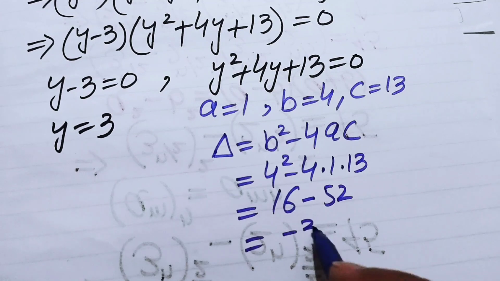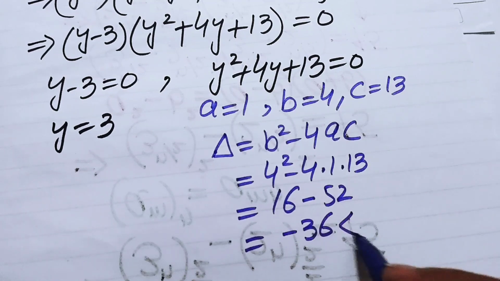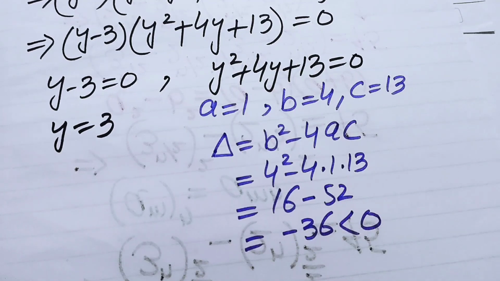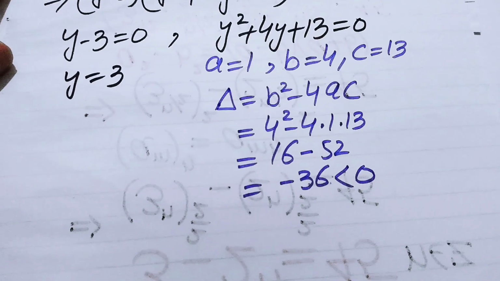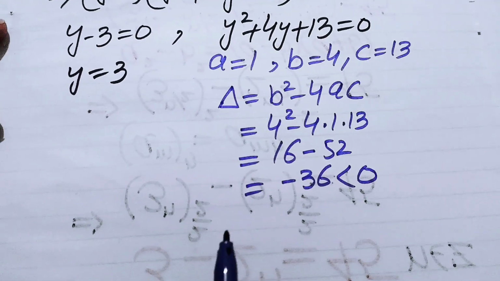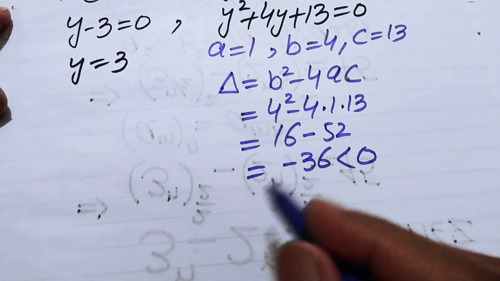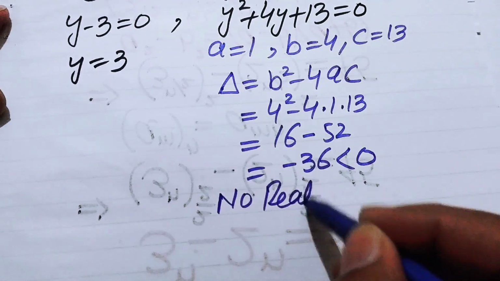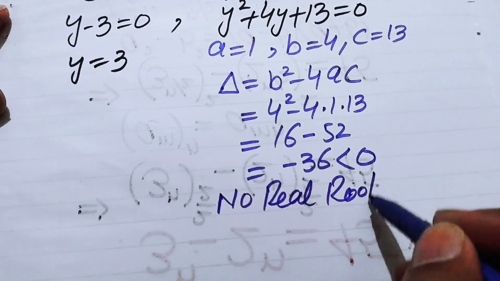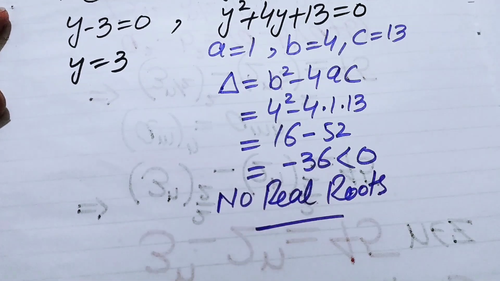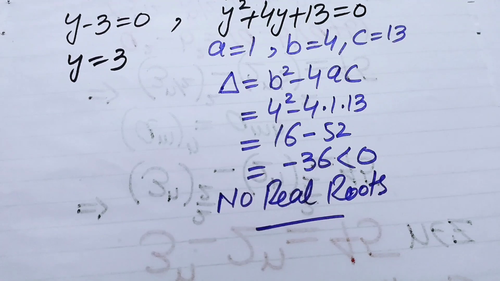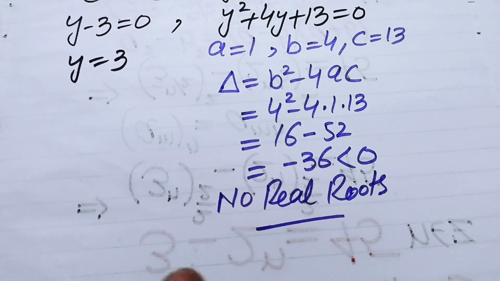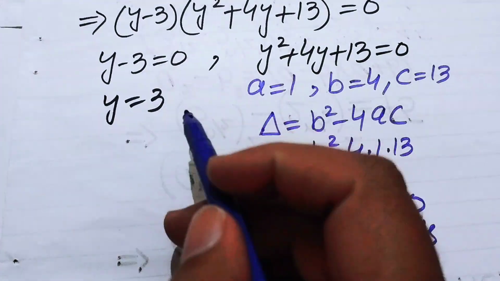So you get here minus 36, and you see that it is less than 0. This discriminant tells us that if our delta is less than 0, it means that it has no real root. So if it has no real roots, then we will reject this case, and we can just proceed with the first case only.